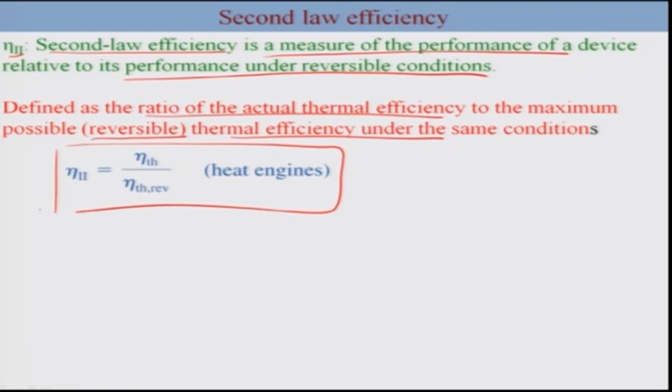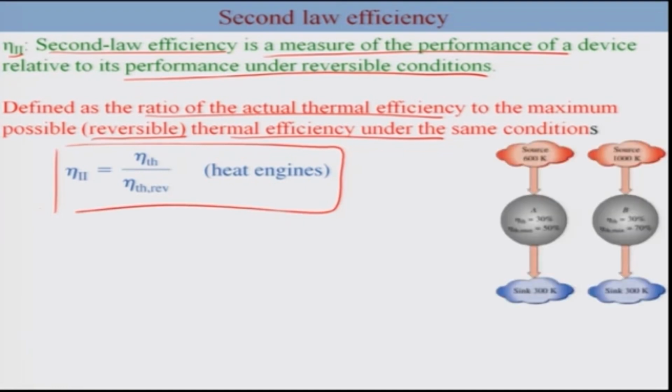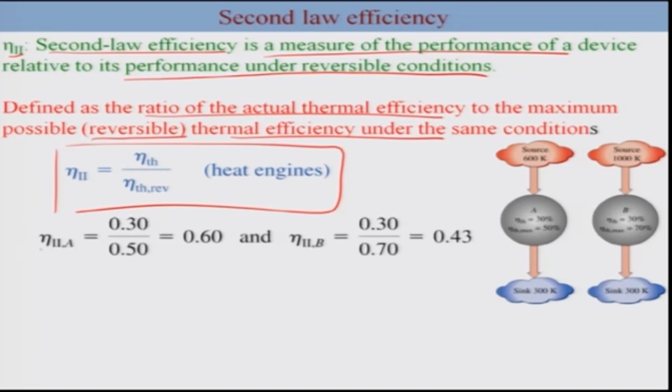Now, with this we can go back and look at the same two devices, and clearly we can write eta 2A becomes 0.6 and eta 2B becomes 0.43.